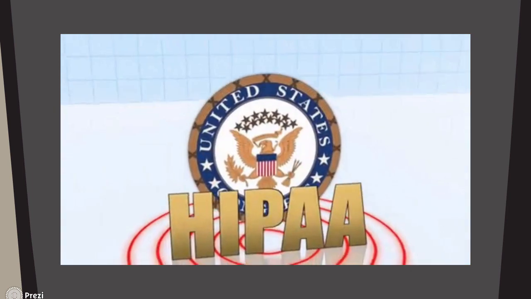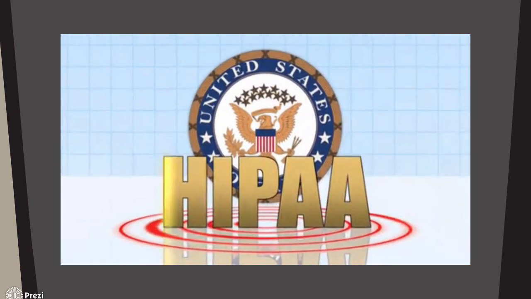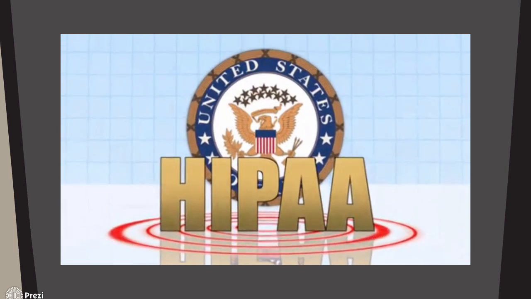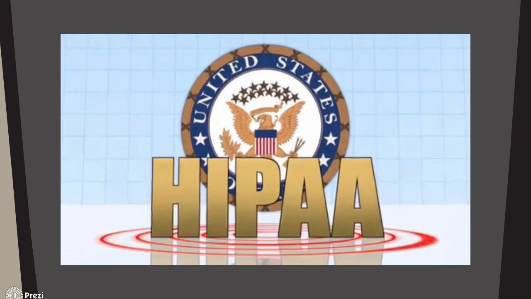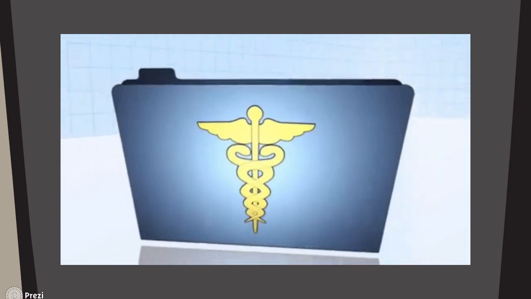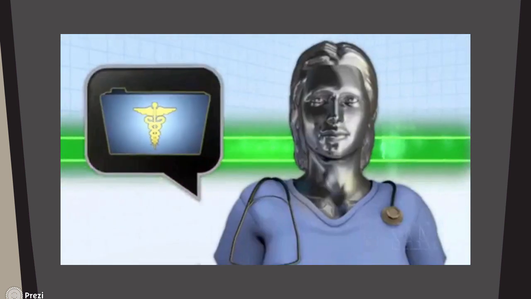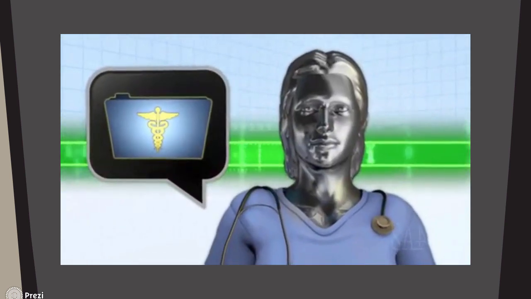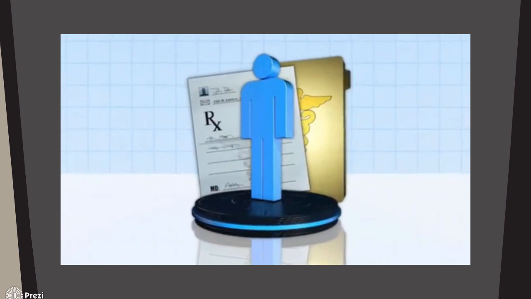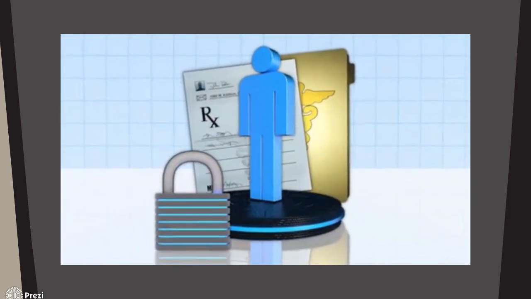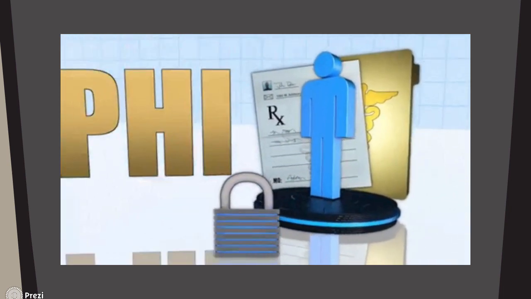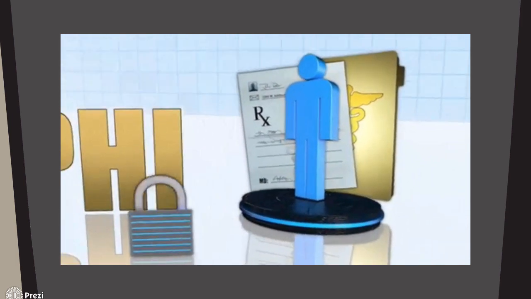In 1996, the U.S. Congress enacted HIPAA, or the Health Insurance Portability and Accountability Act. This act governs the use, transfer, and disclosure of health-related information. One of the requirements of HIPAA is the protection of protected health information, known as PHI.